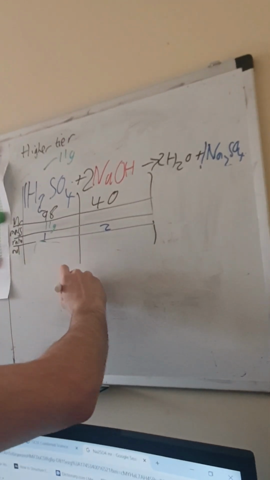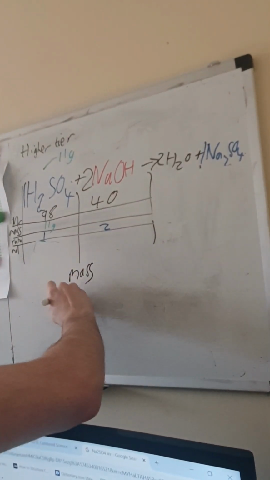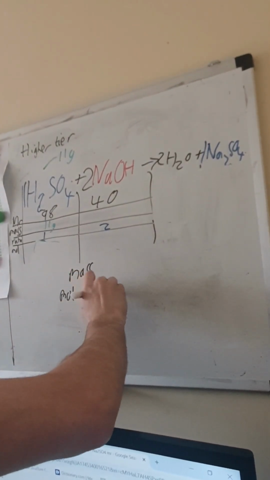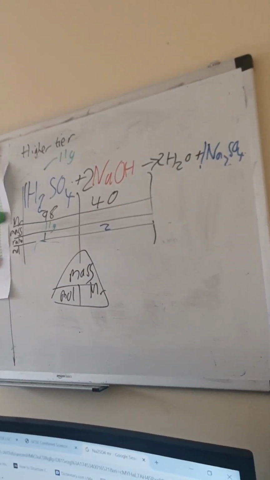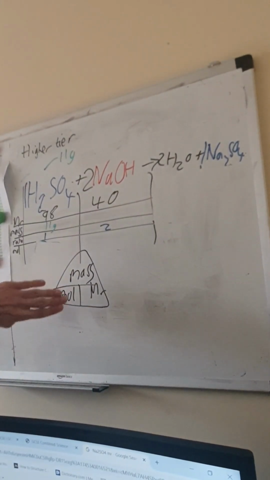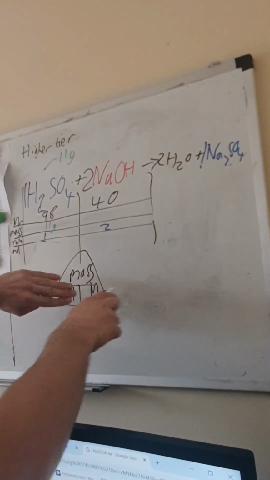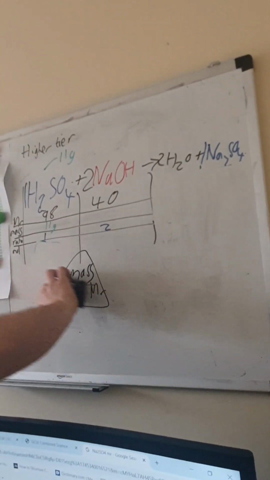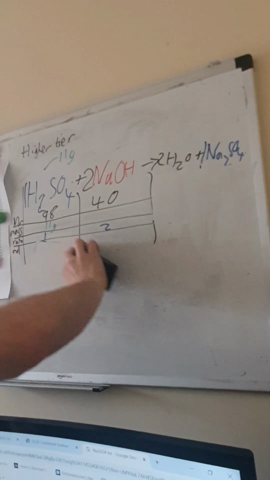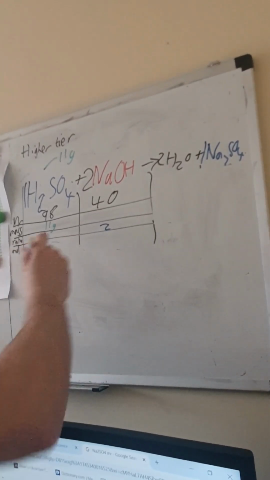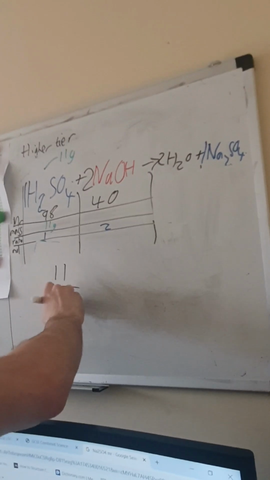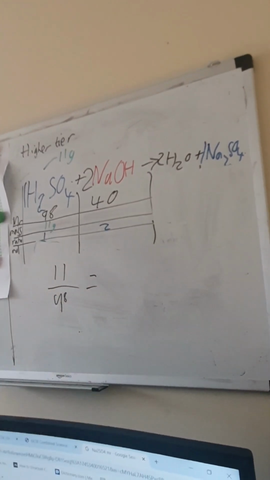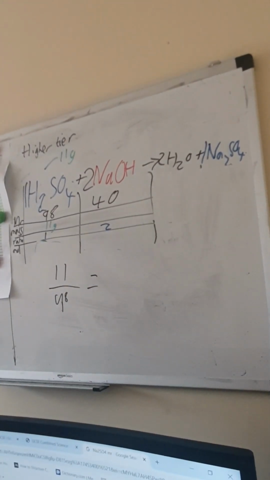So hopefully you remembered mass, mole, MR. Big triangle. There you go. We're looking for our moles. We cover up our moles. We've got to do our mass divided by our MR. Mass over MR is going to be 11 over 98. And give me that as a decimal because I'm a scientist, I'm not a mathematician.